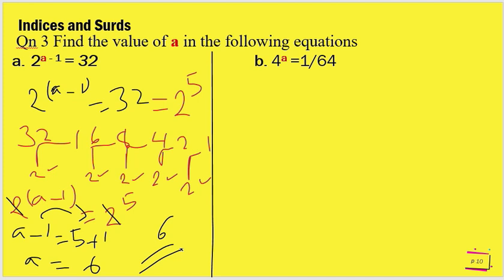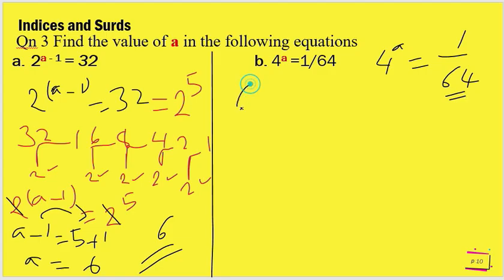Now when we talk about part B, it also requires us to do some mathematics. So here we have 4 power A is equal to 1 over 64. Now the same way we need to express 64 as a base and index, and the base must be 4.